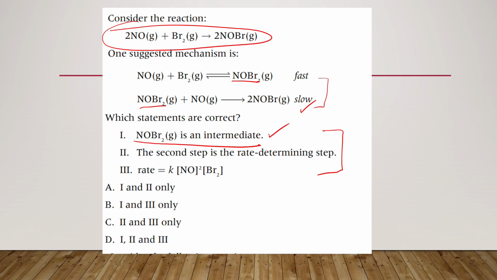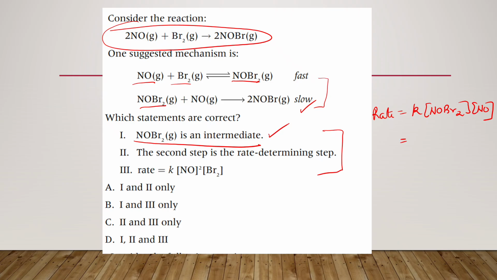Now, if the second step is the rate determining step, then the rate equation should be K times molar concentration of NOBr2 times molar concentration of NO. But since NOBr2 is an intermediate, that won't appear in the rate equation. So instead of that, we have one entity of NO and one entity of Br2.